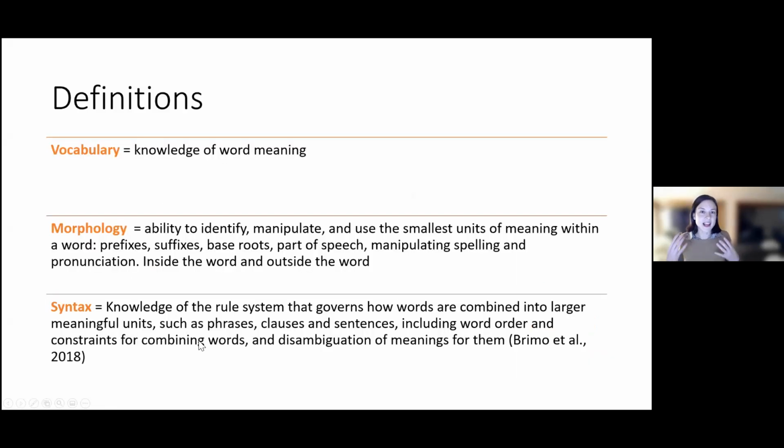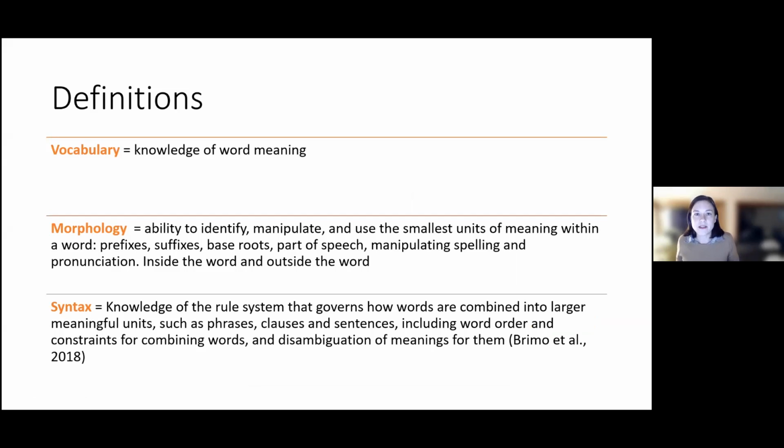So let's have common definitions in our heads. Vocabulary, very easy. We all are very familiar with vocabulary. It's the knowledge of word meaning. Syntax, or grammar, is the knowledge of the rule system that governs how words are combined into larger meaningful units: phrases, clauses, or whole sentences.